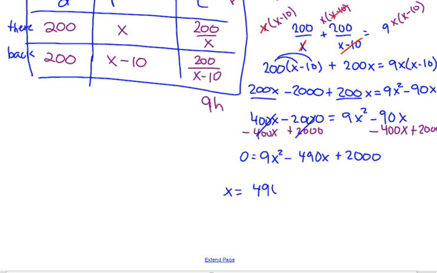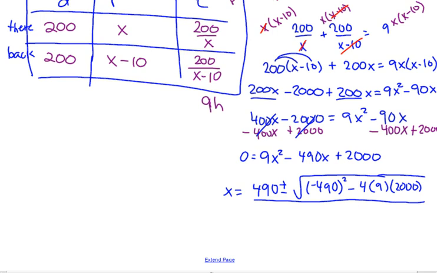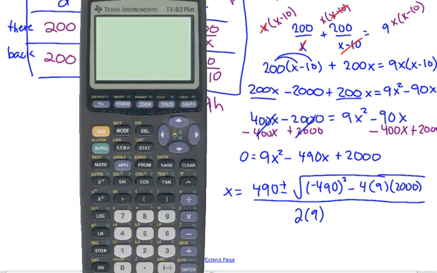So negative b plus or minus the square root of b squared minus 4 times a times c, all over 2 times a. Now, is it possible to have a negative answer here? No, so we can go ahead and just type this all in.